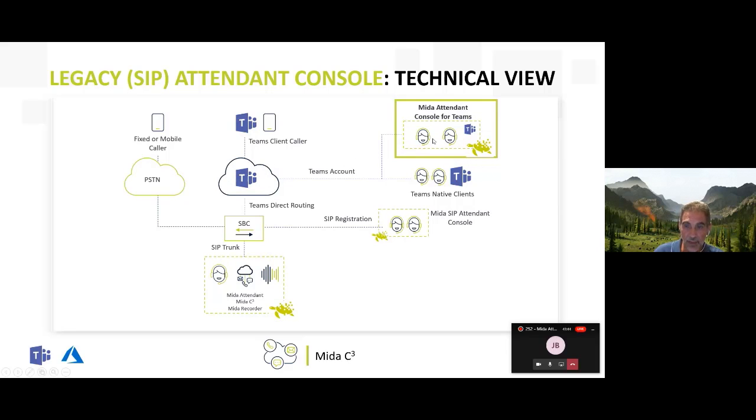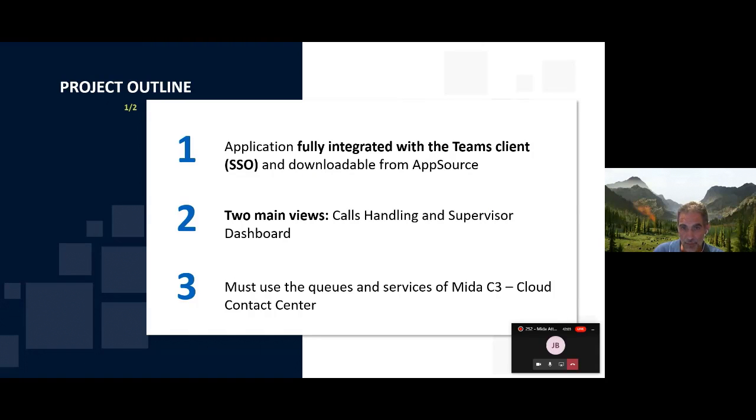So to all effects, it's actually working as a native Teams client. And in fact, it is an app installed in the Teams client, as I will show you later. So I'd like to share with you the guidelines that we adopted for designing this console.